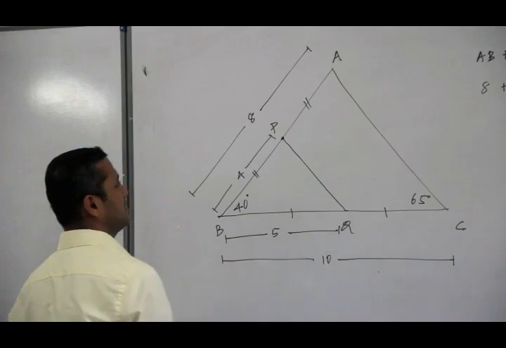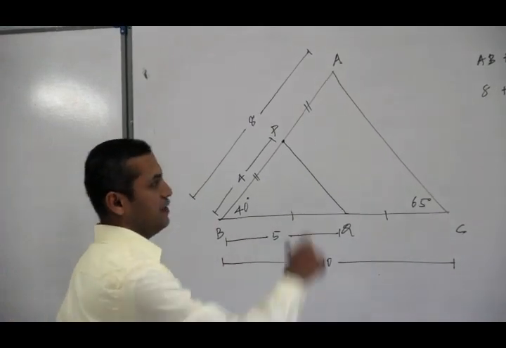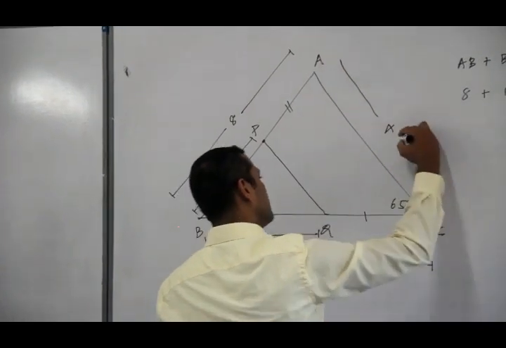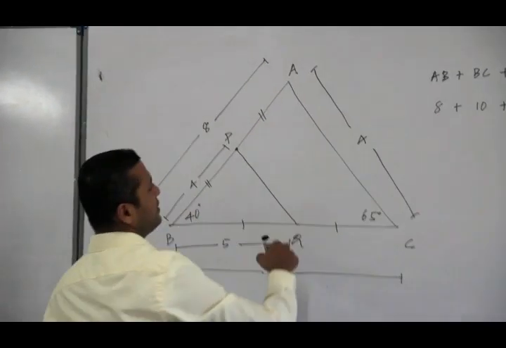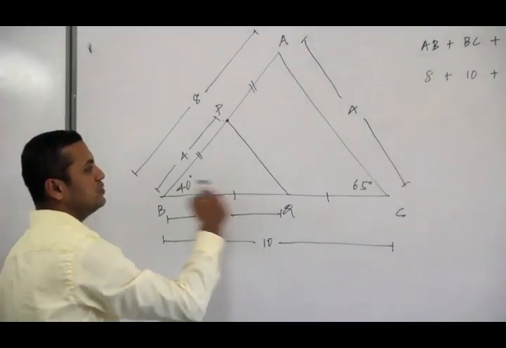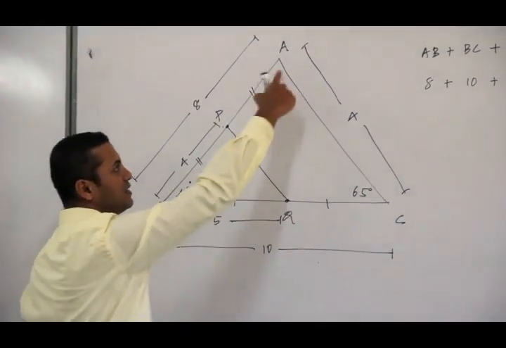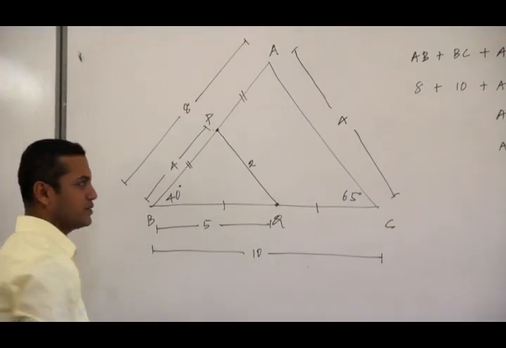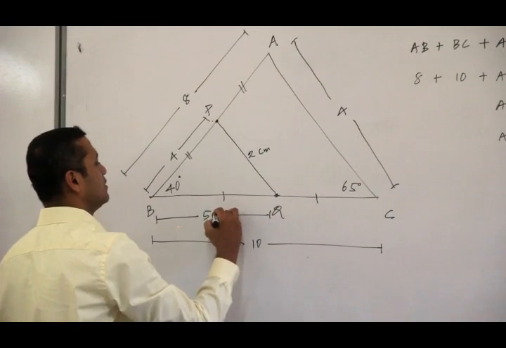Then it is 5 centimeter. And we found AC is equal to 4 centimeter. According to the midpoint theorem, the line joining the midpoints of any two sides is half of the third side. Then this will be 2 centimeter.